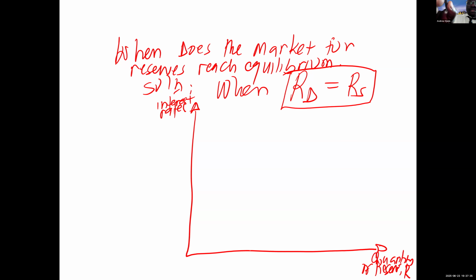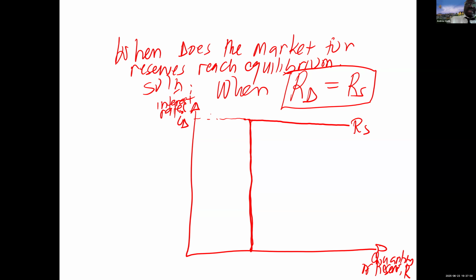We know that the supply of reserves we just talked about is upward sloping, then vertical, and then it becomes flat. So this is your kinked supply curve, your supply of reserves. The flat portion of the supply curve establishes the upper threshold on the interest rate, which is the discount rate.